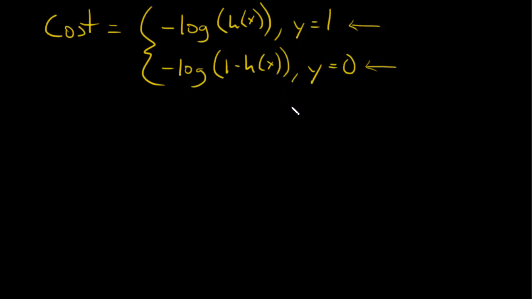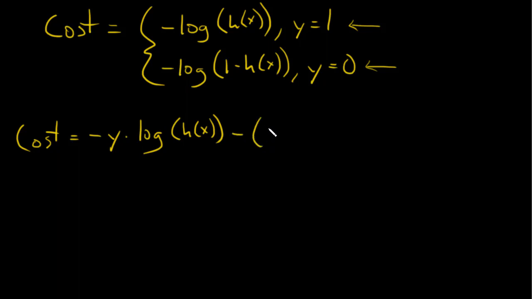And the way that you do that is you set up something that looks like this. The cost is equal to negative y times log of h of x, minus 1 minus y times the log of 1 minus h of x.